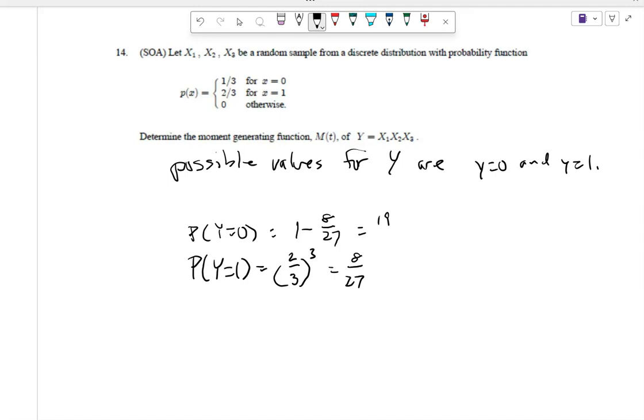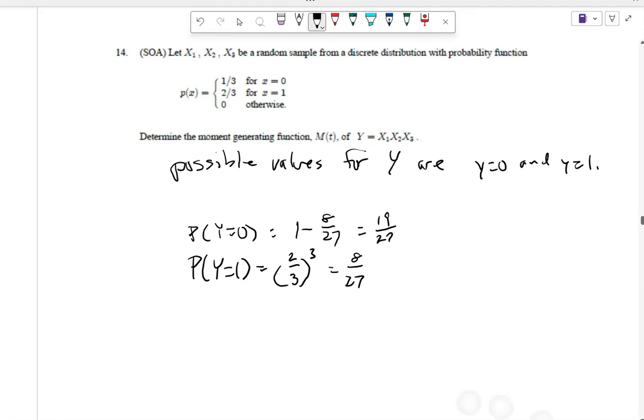So you get 19/27. The reason why I said it was the hard way to do it is because you have to do all zeros, or exactly one of them is 0, or exactly two of them are 0. You can get there that way. It's just harder. It's easier to do the complement.